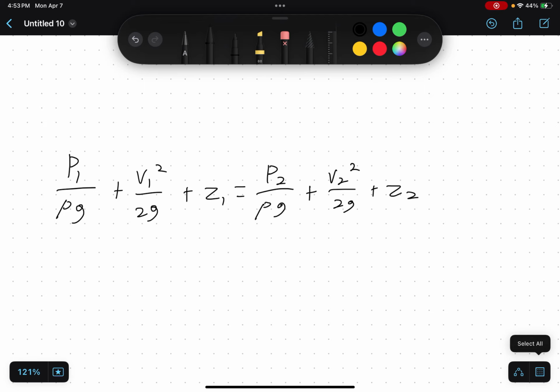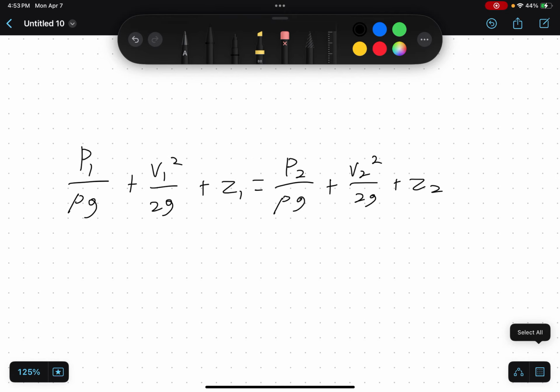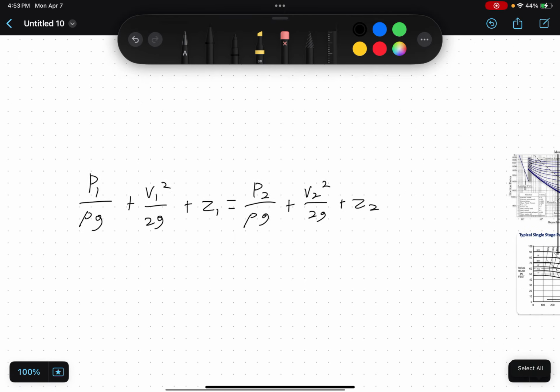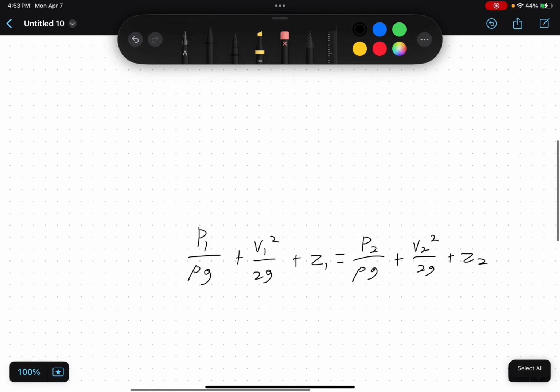Cool, that is literally it. This is the simple version of the Bernoulli equation. So all this is conservation of energy.